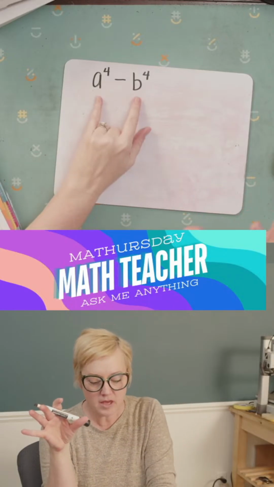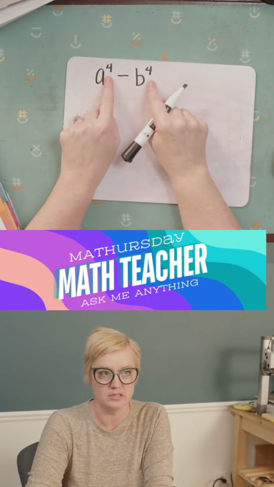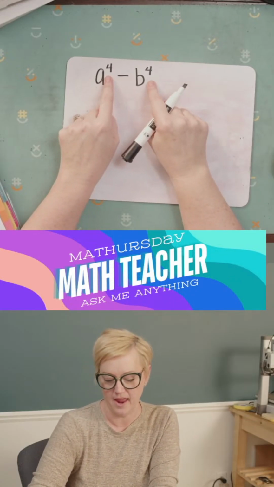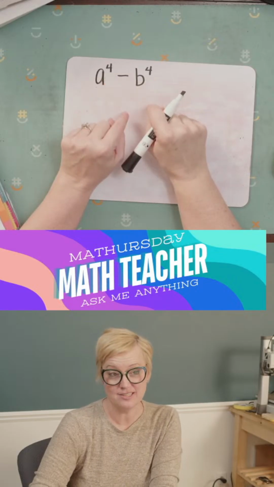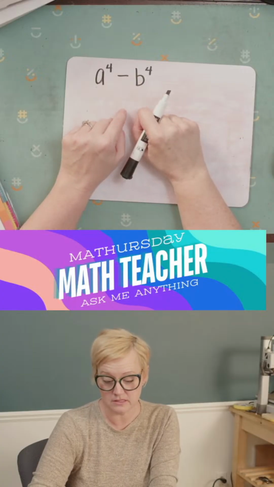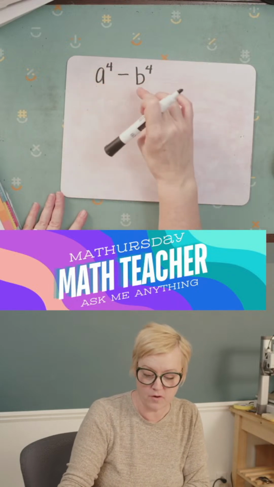Now here, because these 2 exponents are divisible by 2, I can use difference of squares on this. Okay, so this is going to be difference of squares.